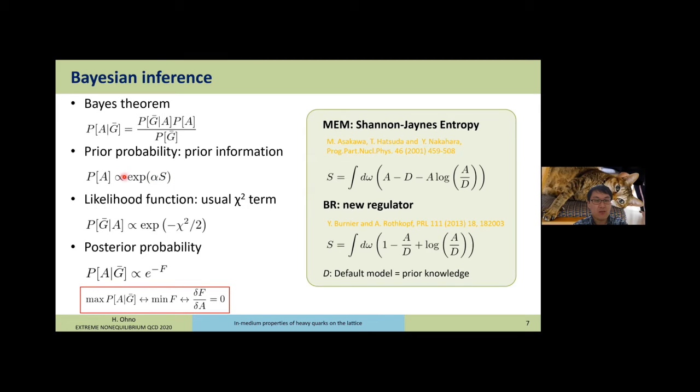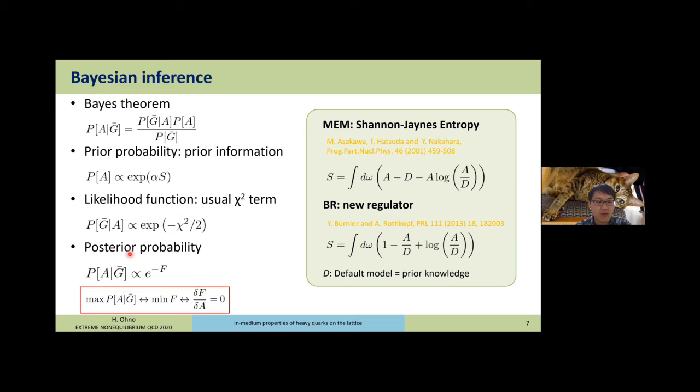Also, P(G|A) is the probability of getting some correlation function given some spectral image. That means this is the usual likelihood function, which corresponds to the usual chi-square term. So this method eventually gets this kind of form, and this F is the combination of the prior probability and the likelihood function.